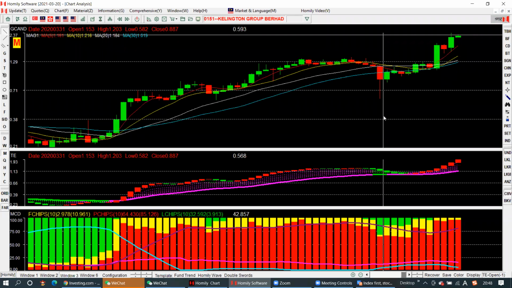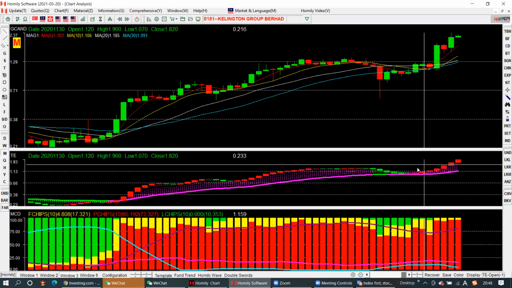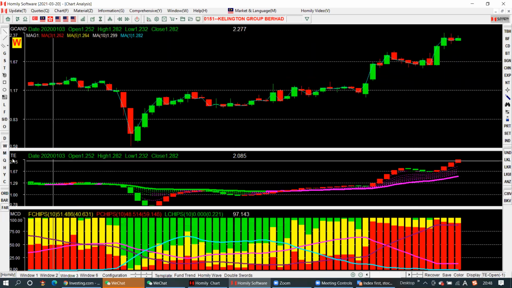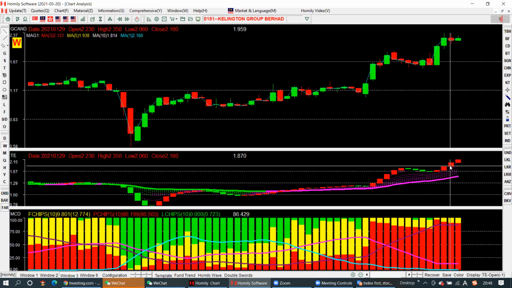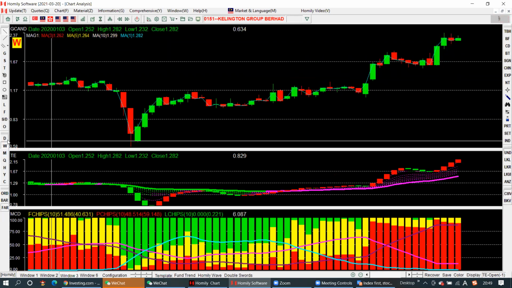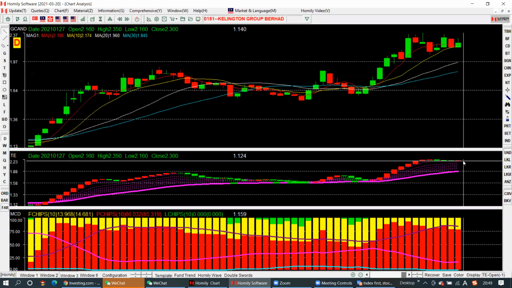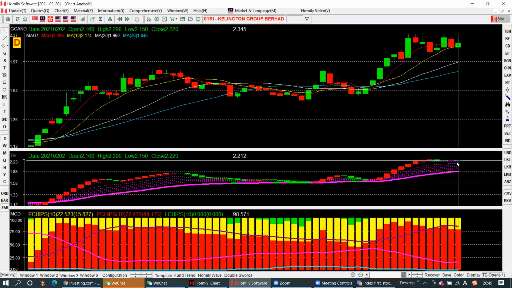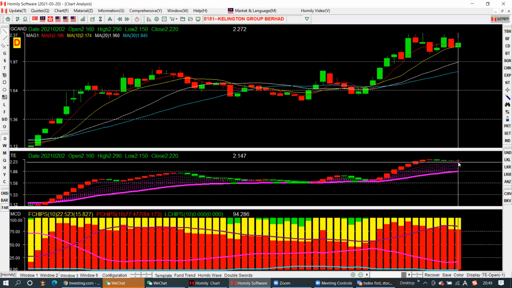Okay, so come to the week here. You can see the week is in the red color, the month is also in the red color, and the day chart has also turned red already. But this one you need to double confirm. Why? Because this stock's upward momentum is still very weak.